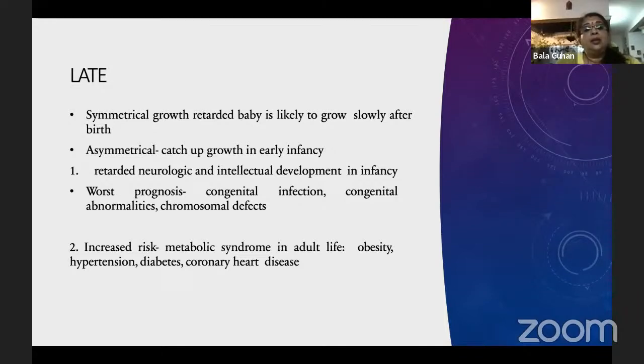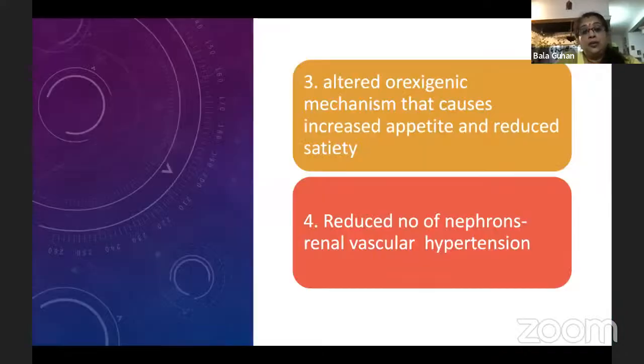There is a worse prognosis with congenital infections, congenital abnormalities, and chromosomal defects. There is increased risk for metabolic syndrome in adult life, like obesity, hypertension, diabetes, and coronary heart disease.